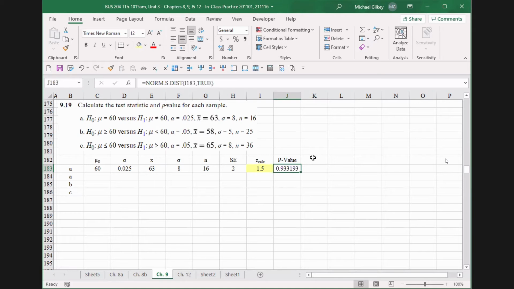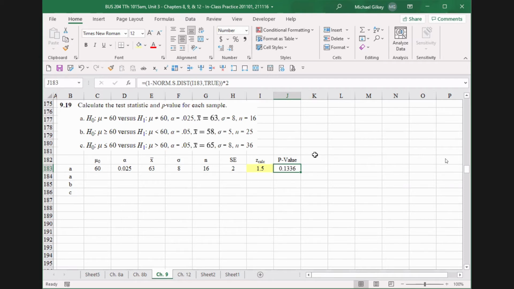Okay. So there's our area to the left. Then if I do 1 minus that, I get the area to the right. And then remember to put your parentheses, right? I need to multiply that then by 2 to get the two-tailed p-value. And they did this to 4 decimals.